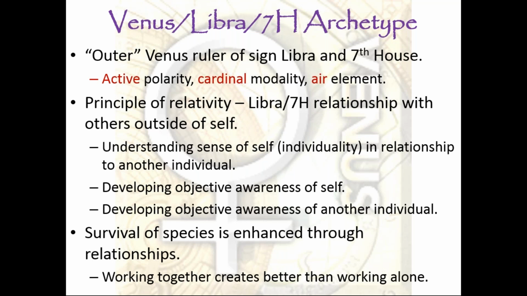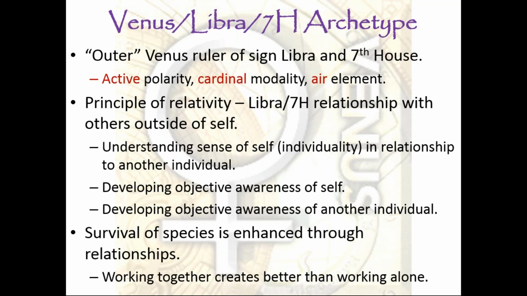So in relationships with others, we get an understanding of who we are, our sense of ourself, our own individuality in and through and because of that relationship. There's that reflection back to ourself, reflecting inner and outer, relativity, all these relativity words.